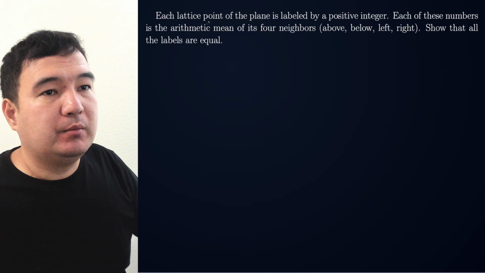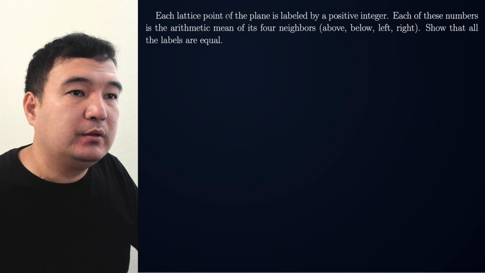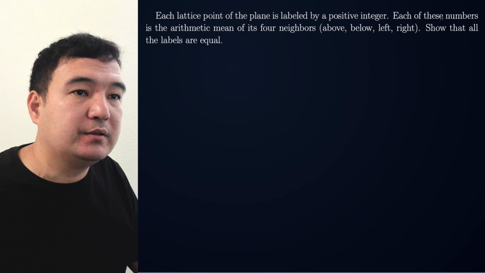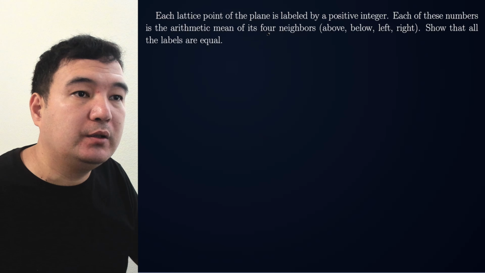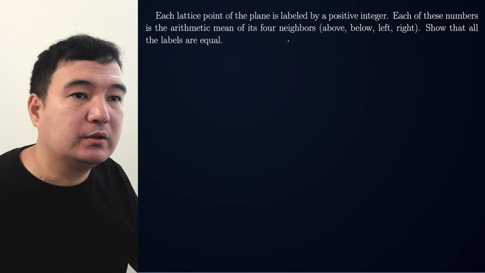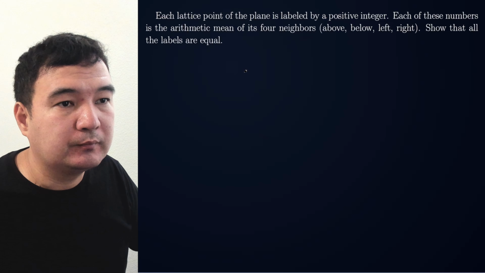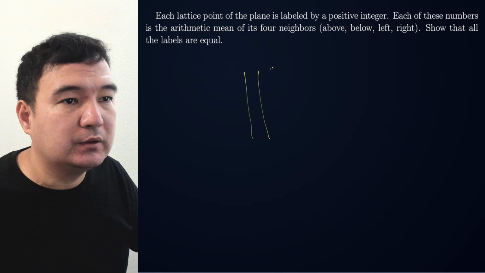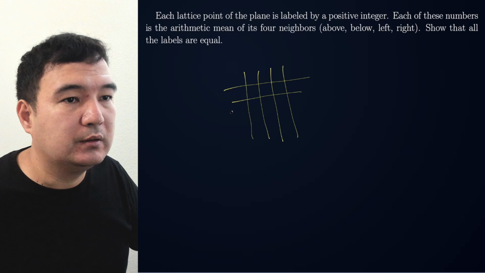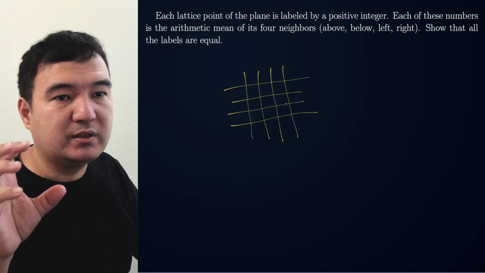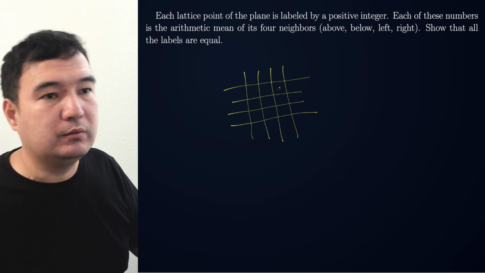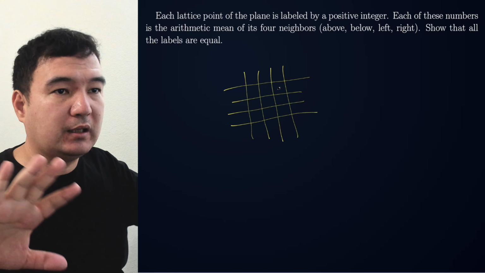And the final problem: each lattice point of the plane is labeled by a positive integer. Each of these numbers is the arithmetic mean of its 4 neighbors. Show that all the labels are equal. So if you imagine the following lattice points, here again you can choose the minimum.